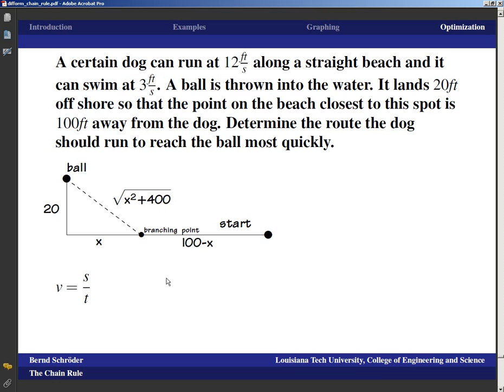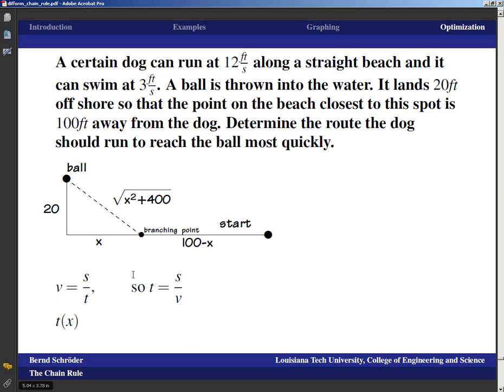And what we're interested in is not the distance. What we're interested in is the time that the dog takes, and pretty much the only thing I know about velocity is distance over time, and we can solve that for the time, so we end up with the time being distance over velocity.